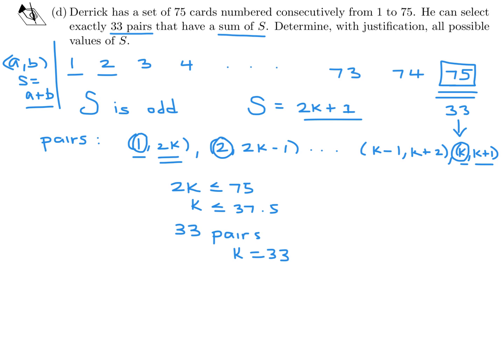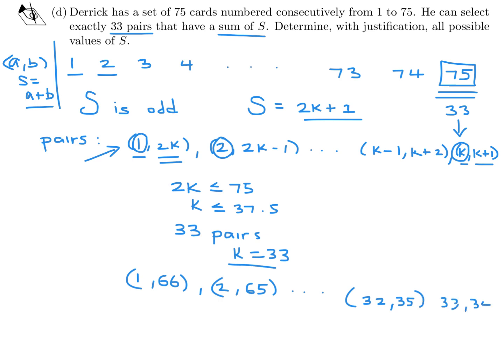Substituting k equals 33, the pairs are 1 and 66, 2 and 65, and so on, all the way to 32 and 35. The last one is 33 and 34.